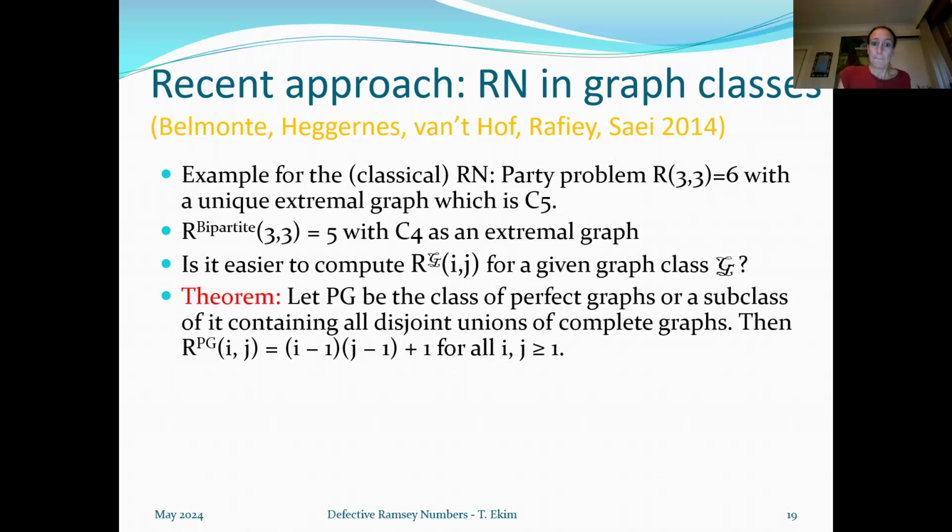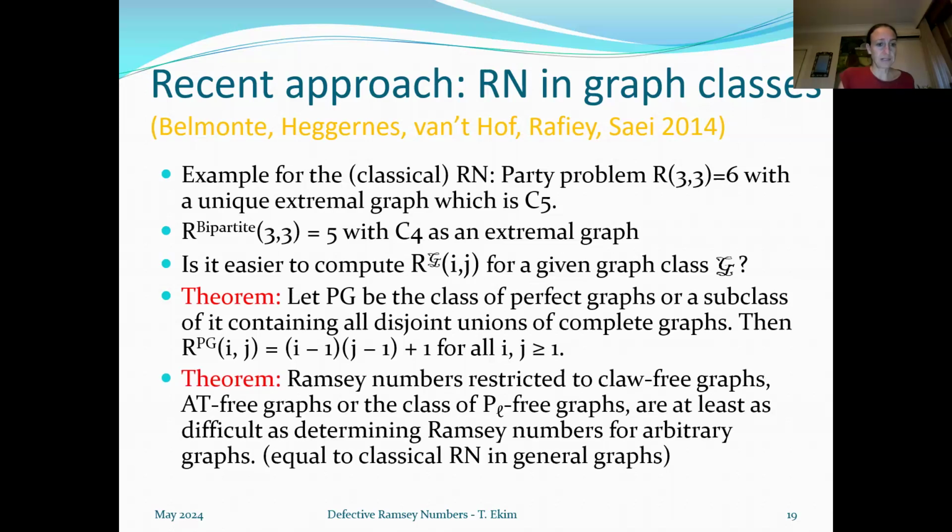Very nice. But the second important result is that Ramsey numbers restricted to some other graph classes, so they name a few, like claw-free graphs or AT-free graphs or the class of P_l-free graphs. So if you don't know these graph classes, doesn't matter.